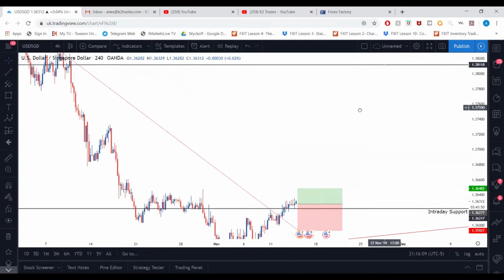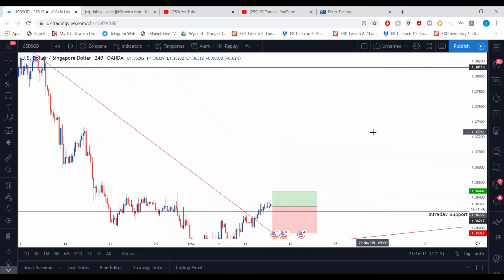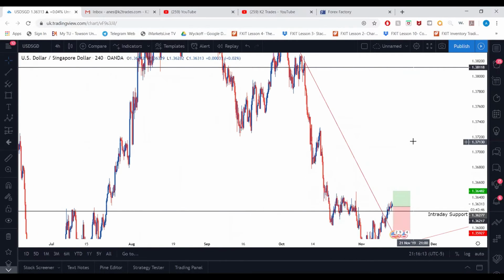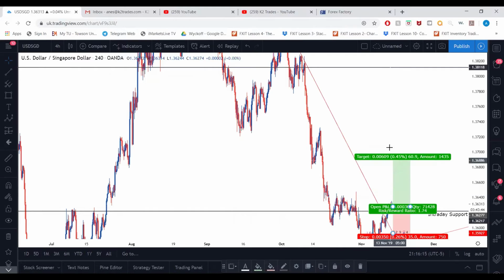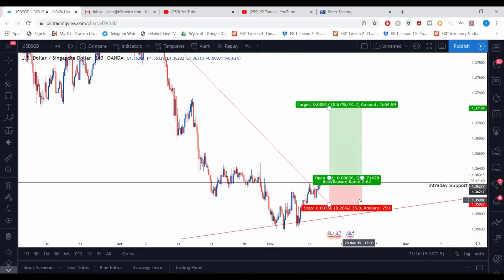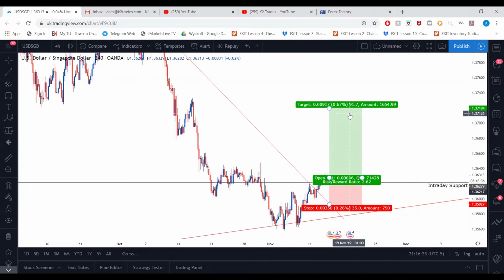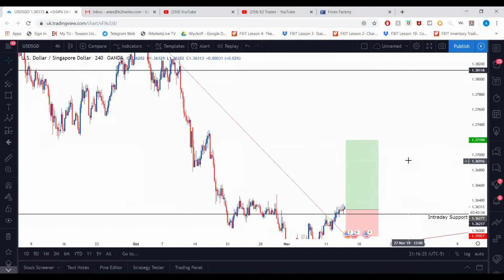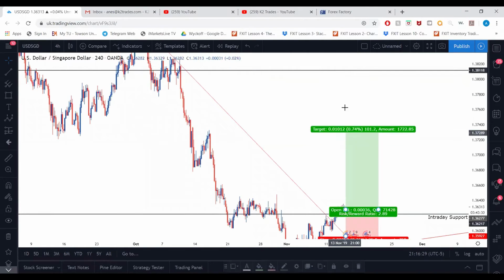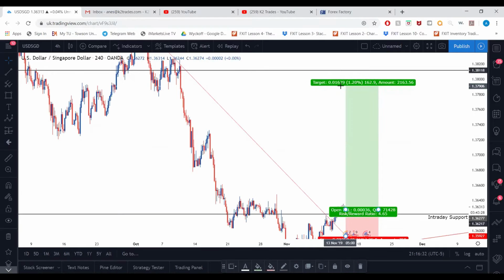And your next target is really, let's say, this would be your first target right here. So risk 35 and go for 91.7 for your TP1. Your TP2 would be right here, which would be 163 pips.